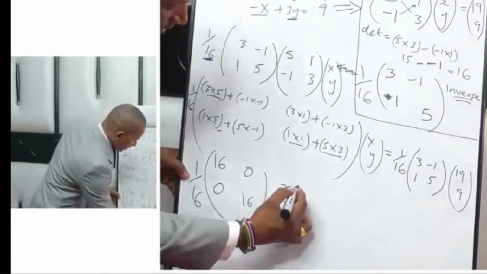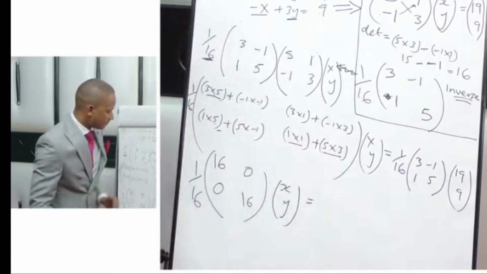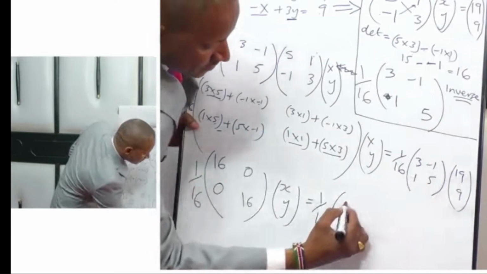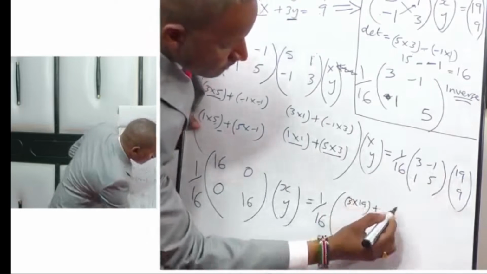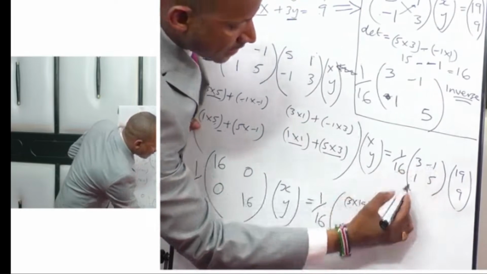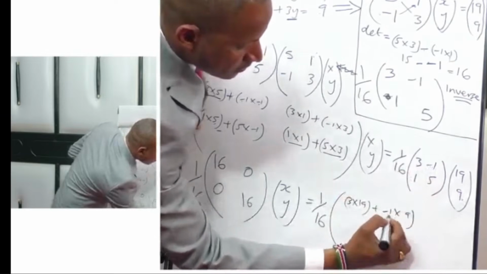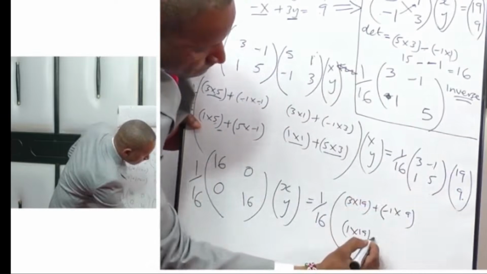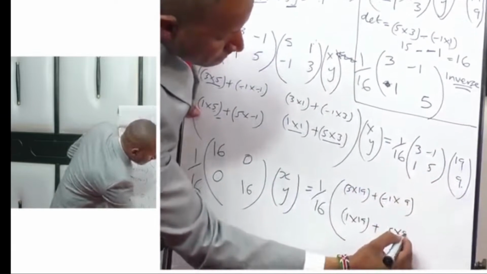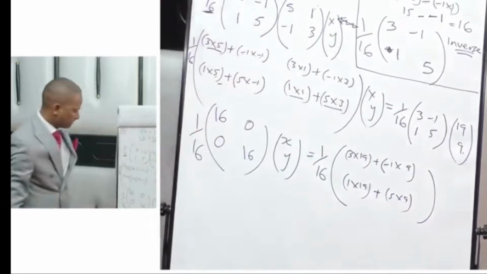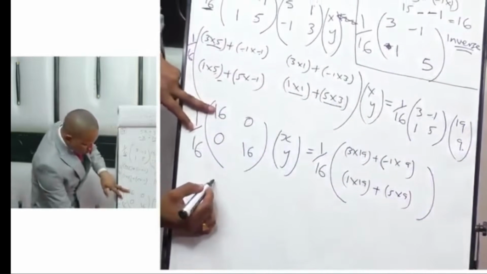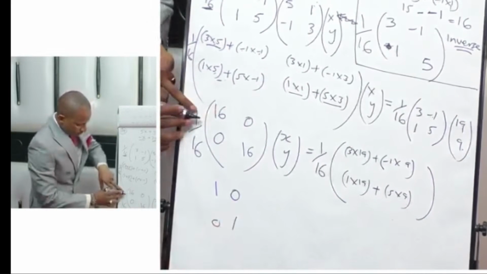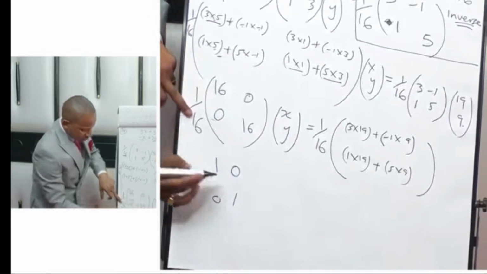Then x and y equals, let's multiply this: 1 over 16 into 3 times 19 plus minus 1 times 9, then 1 times 19 plus 5 times 9. Class, this gives you 1, 0, 0, 1. You just simply divide everything by 16 because of this.